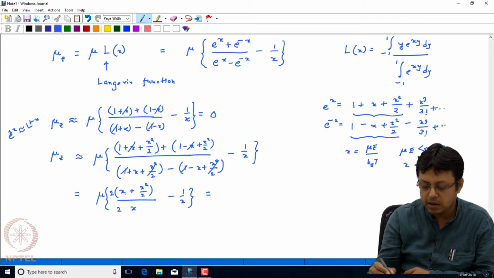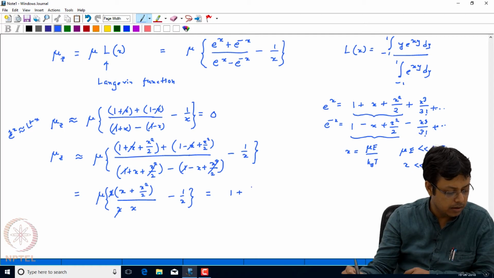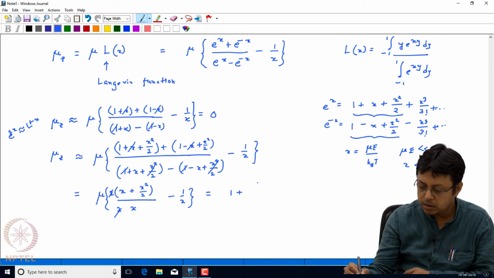So, then I can actually divide the numerator and denominator by x. What I will have is 1 plus x square by 2 in the denominator, and then x square by x by 2 minus 1 minus x, and then you can show that you can actually work it out.